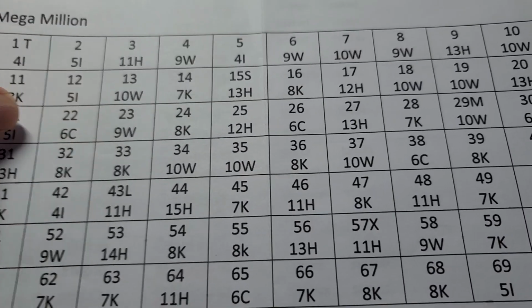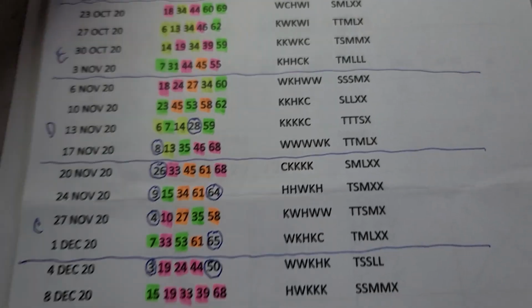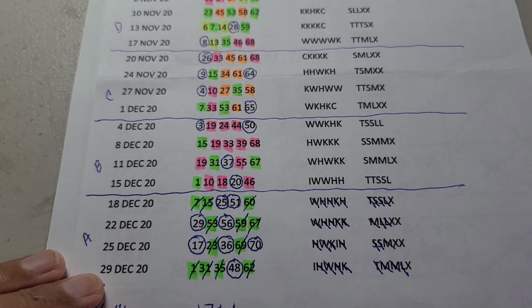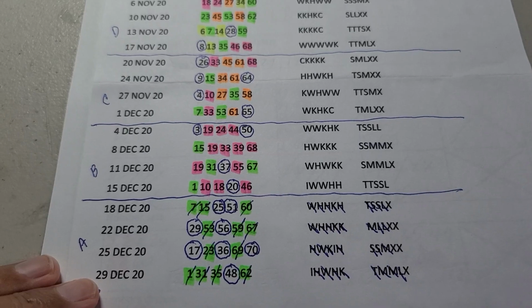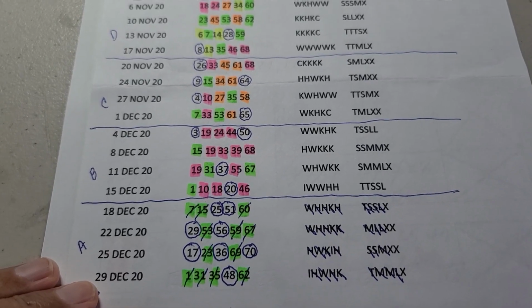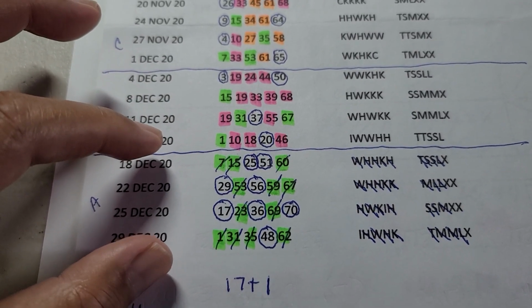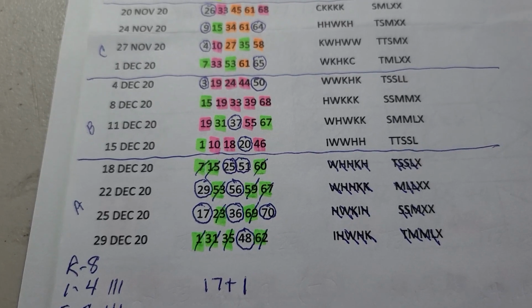Now, once I get this information, I need to take a look at the recent history. And there are two different recent histories that I want to take a look at. The first is the last 4 draws. Okay, and I'm going to be making 4 number profiles to play.